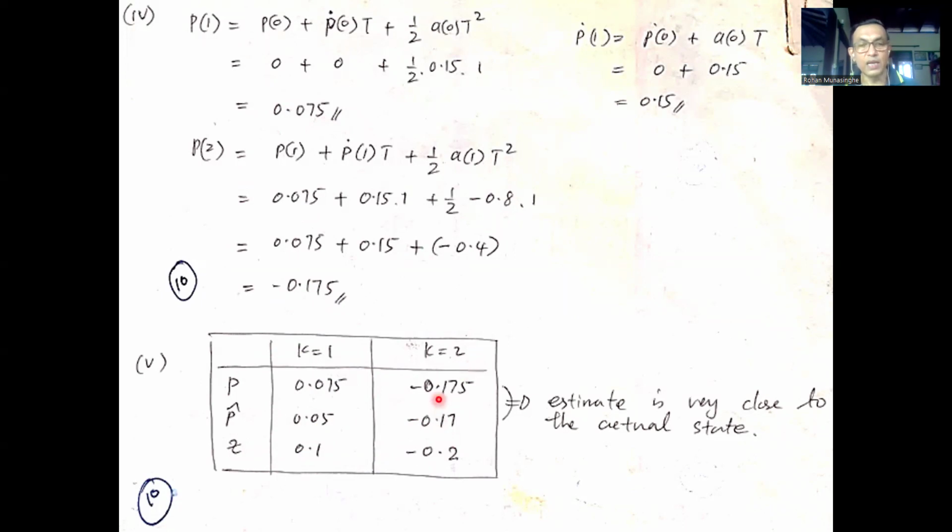Just by looking at it, at least you can say when you go to k equals 2, the actual position of the spacecraft and the Kalman filter estimate are very close to each other, minus 0.175, minus 0.17. So this is just to show you how the filter works. All right, any questions?